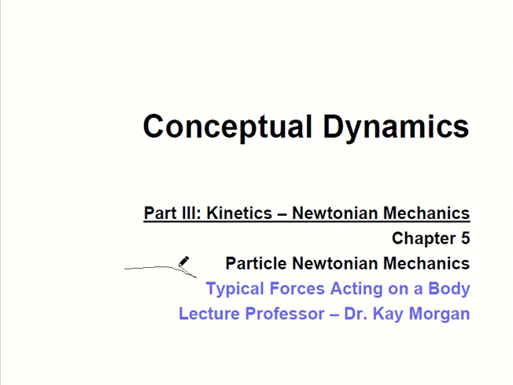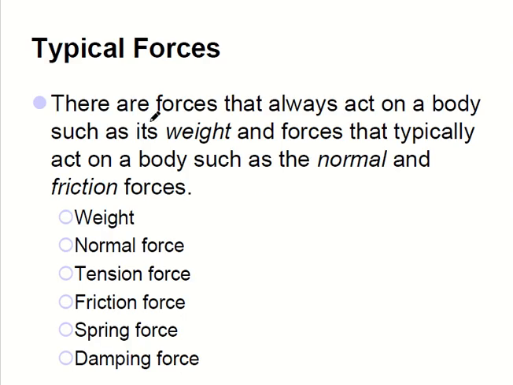Alright, then we will get into the next section, the typical forces acting on a body. We will take a look at it. So we have forces. Don't forget the sum of the forces is always like this, acting on a body. Therefore the body will move with a velocity and acceleration, of course, every time your velocity changes.